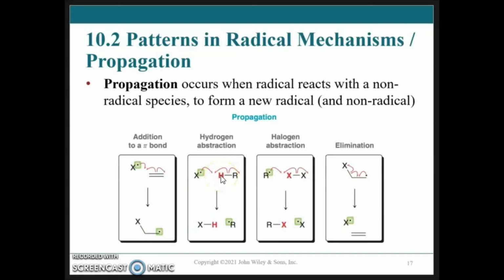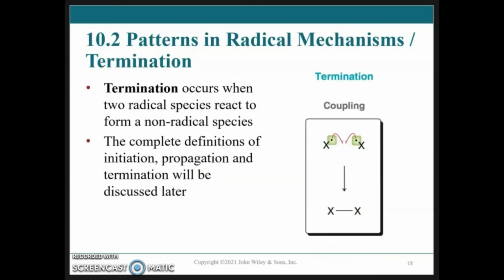When we have hydrogen abstraction, we have a radical species. When we have a halogen abstraction, we still have a radical species. And in the elimination reaction, we form a pi bond, but we still have a radical species. So there's no net gain or loss in the number of radical species.